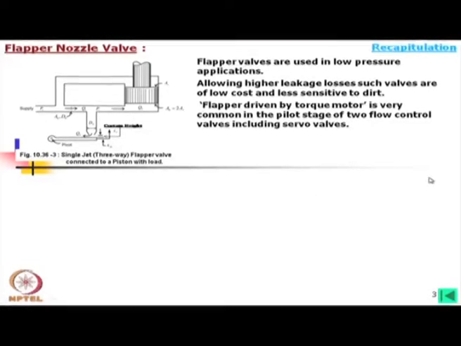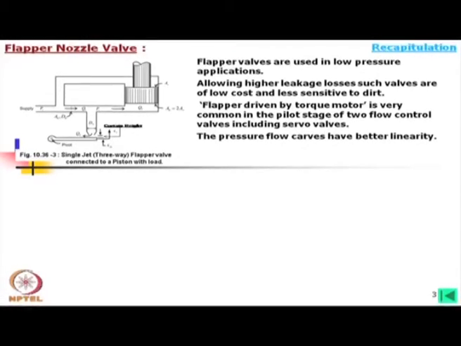So, these are the basic applications of such flapper nozzle valves. However, this is also used as a 3-way valve for actuator control of unequal area. Now, the pressure flow curves have better linearity.